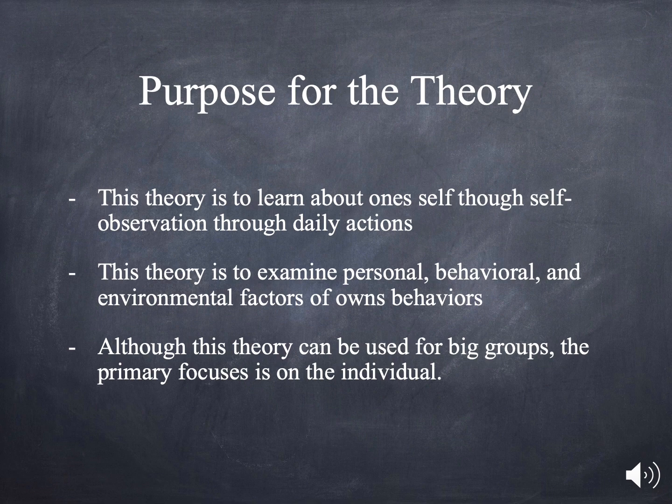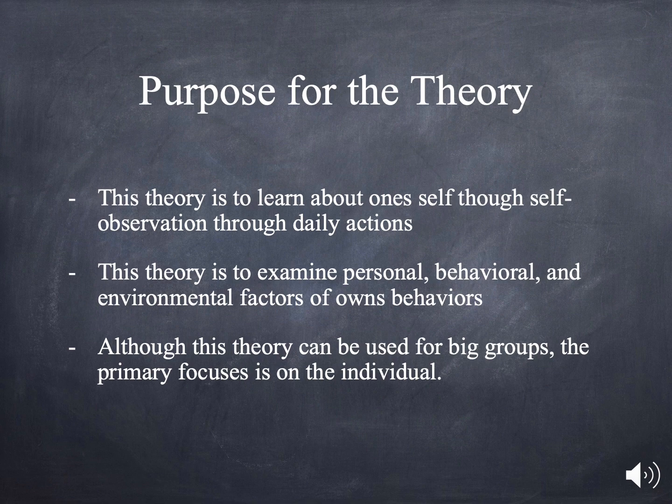Although this theory can be used for big groups, the primary focus of this theory is basically individuals, like I said earlier. The reason for that is because the population that I'm trying to go for is college students. College students are the main population for this theory, just because a lot of college students have problems that cause their behaviors to change for the worse, like moods and the way that they act, like depression, how they can receive suicidal thoughts and whatnot.